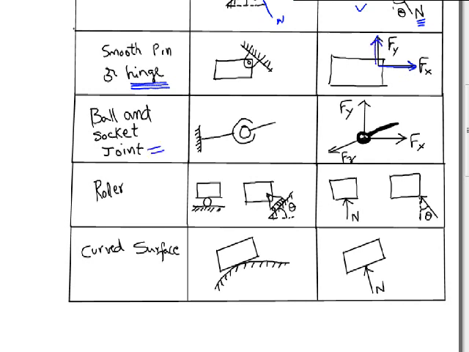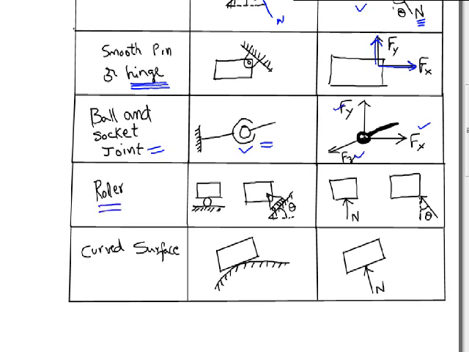Similarly, for a ball and socket joint, which is a 3 degree of freedom spherical joint, similar to the one we have at our shoulder between hands and torso, you will represent it this way as shown here, and you have 3 reactions, Fx, Fy and Fz.